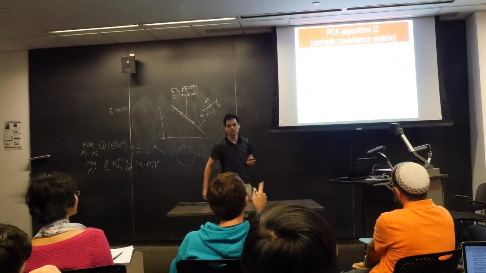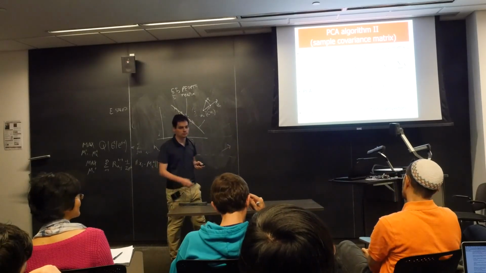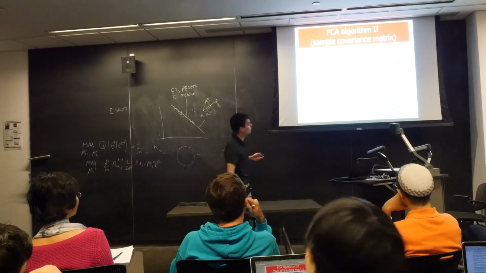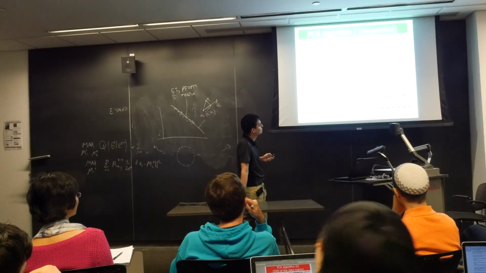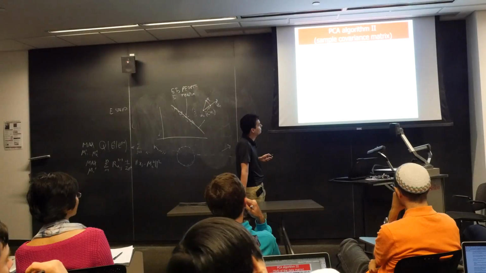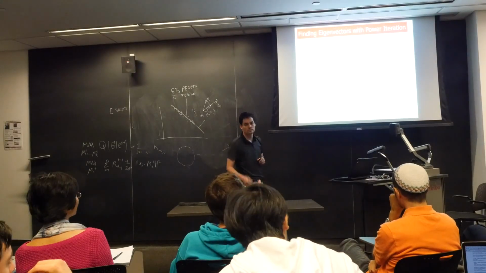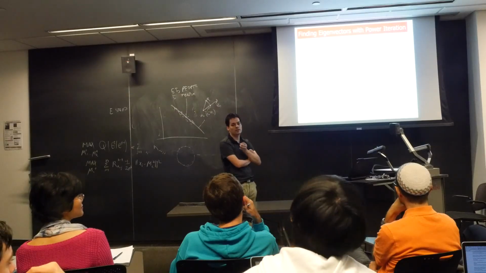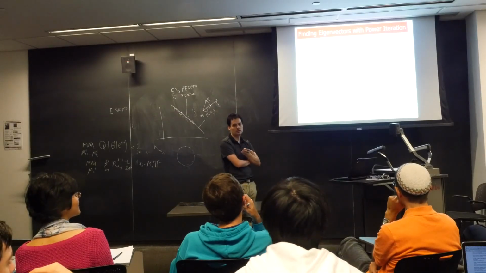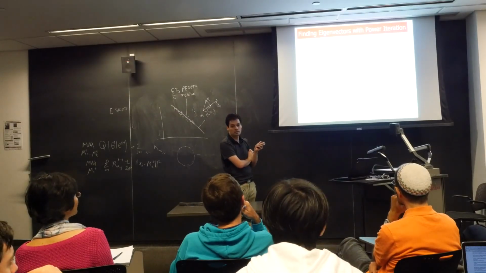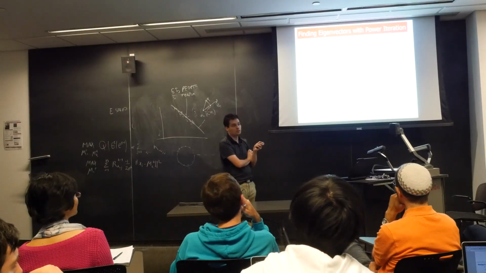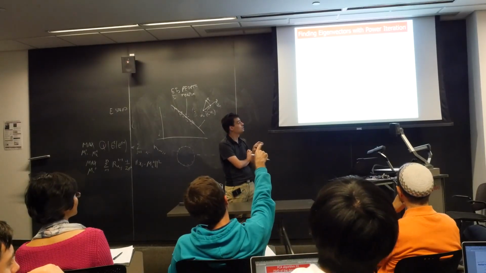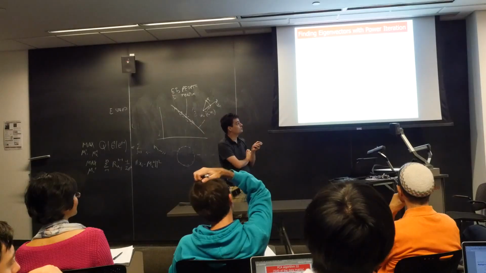Can we go back to 20 seconds ago? Where you describe this power method. V equals sigma V, so it's converging to the largest eigenvector of sigma. Then the largest eigenvalue is going to be 1. Am I missing something?